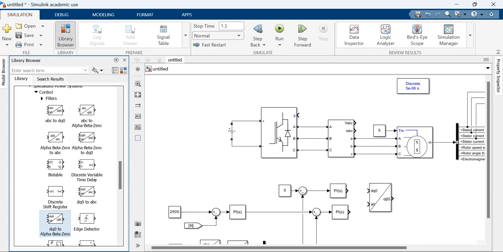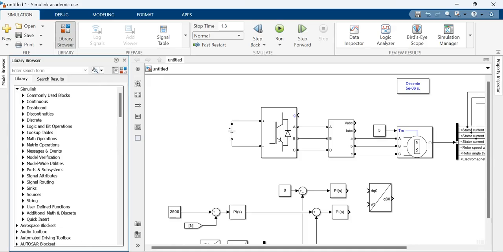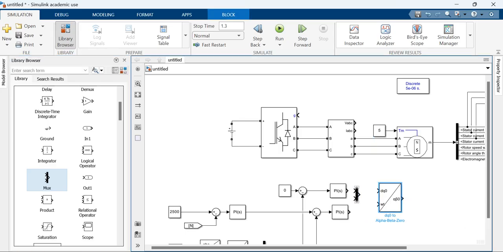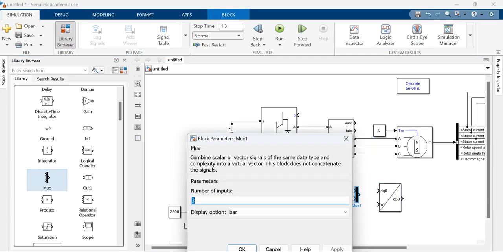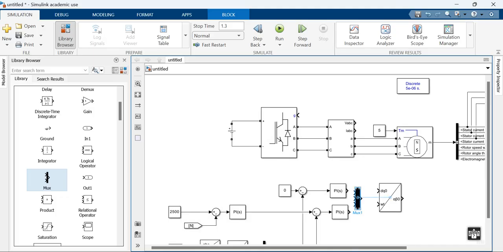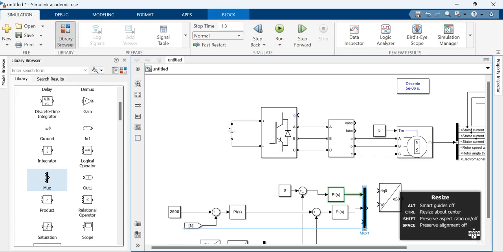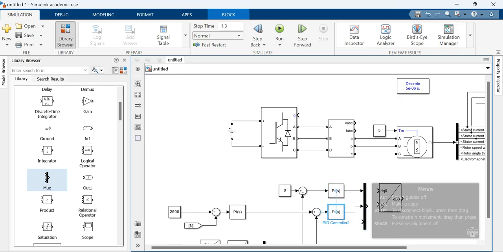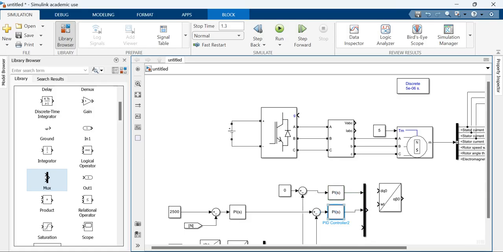Again, go here, go for mux, which is available in commonly used, and this is supposed to be a 3 signal, because the 0 is generally a 0. So this is actually D, and this is actually Q, and I need one more, which is supposed to be 0. So let me put this comfortably here.